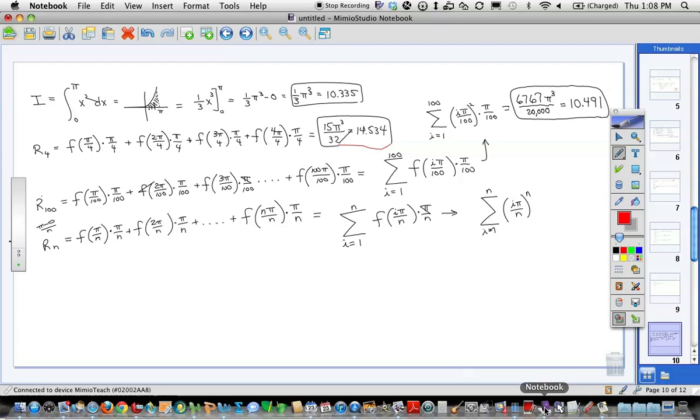Oops. i pi over n squared times pi over n. Now, we could type that on our calculators. Oh, what the heck. Type it on your calculator. We'll do that first. So let's go ahead and type that onto our calculators, with the n's in there.